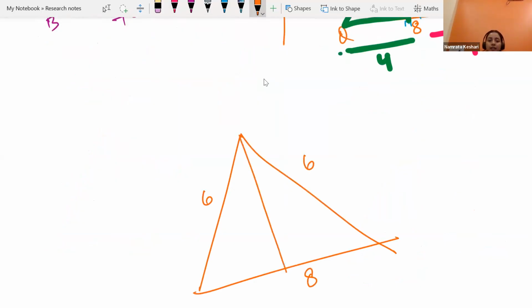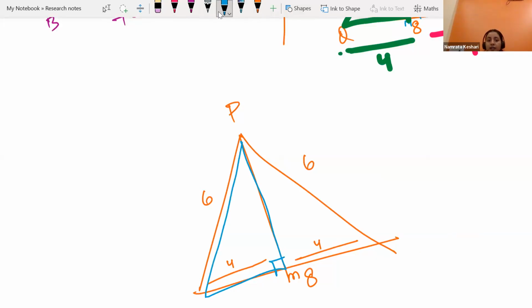We wanted to find the height over here. We don't know how to find the height. Then later on we realize that this much length and this much length are the same from the congruency. That means this is 4, this is 4. Now we can focus on any one right angle triangle.